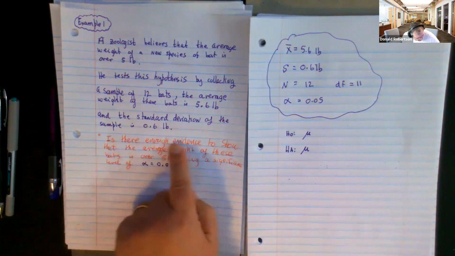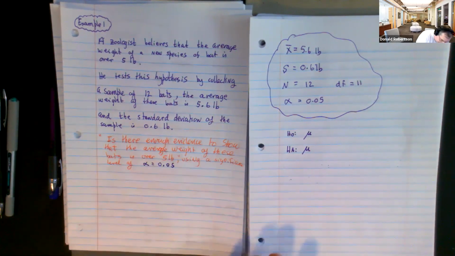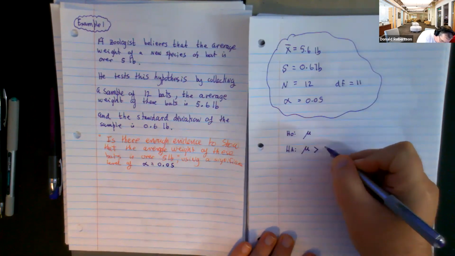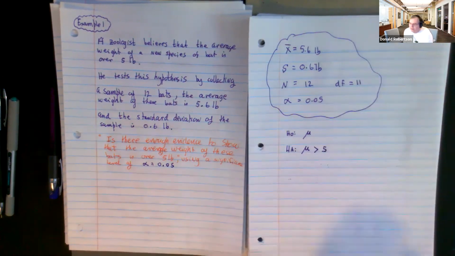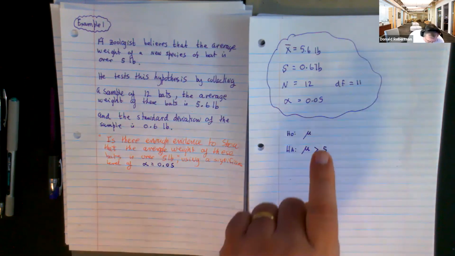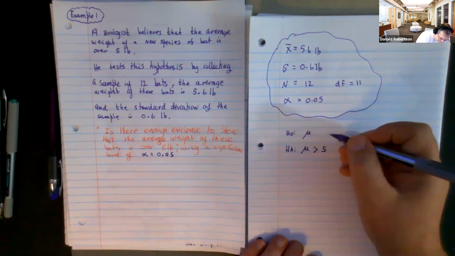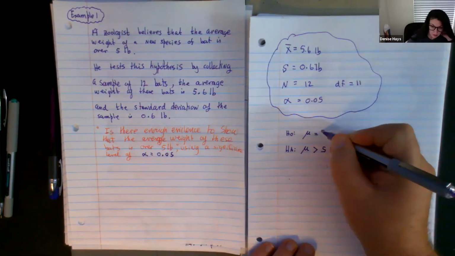Is there enough evidence to show that the average weight of these bats is over 5 pounds? Are you happy about how I wrote that down there? You see where it comes from? Right. So what is the null hypothesis going to say? Equal to 5. Equal to 5.